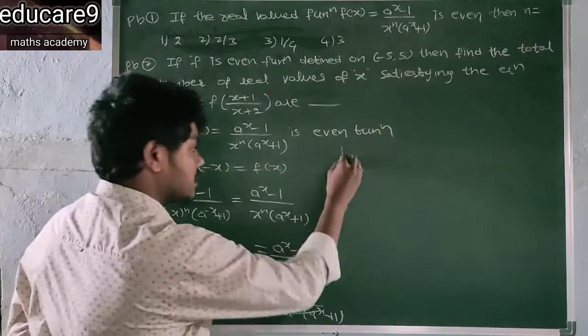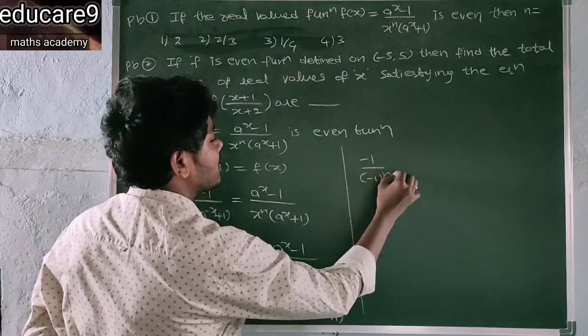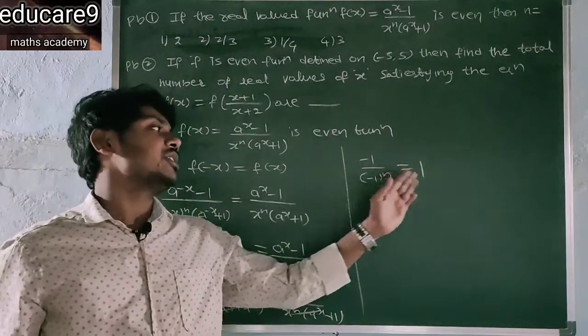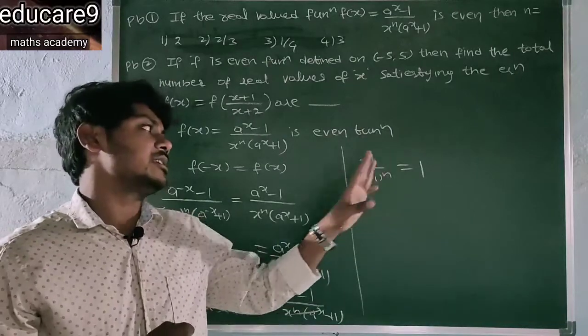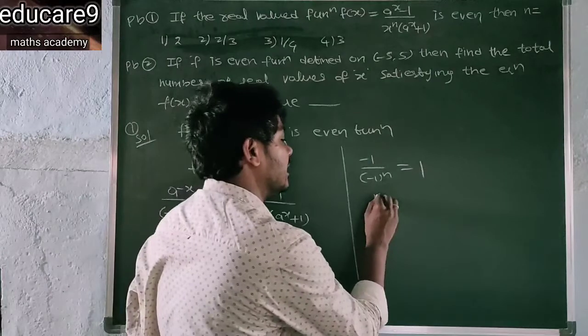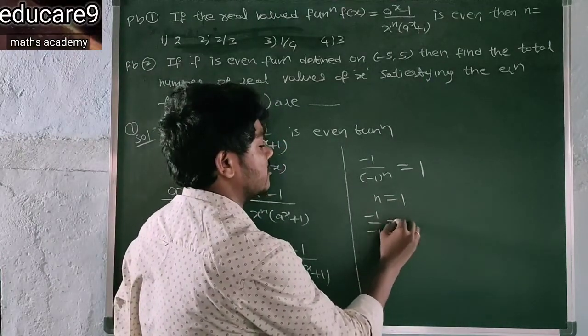Now this is −1 by (−1)^n, and this value is 1. So whenever the denominator is −1, in this case you get 1. So clearly n is equal to 1. So what you get? Minus 1 by minus 1, 1.